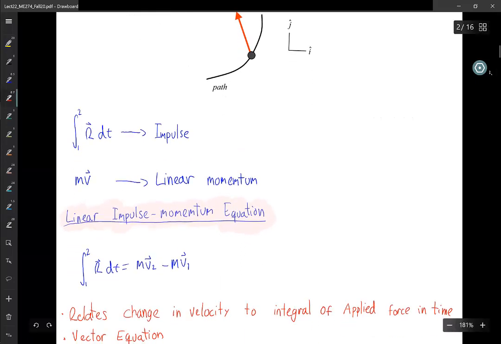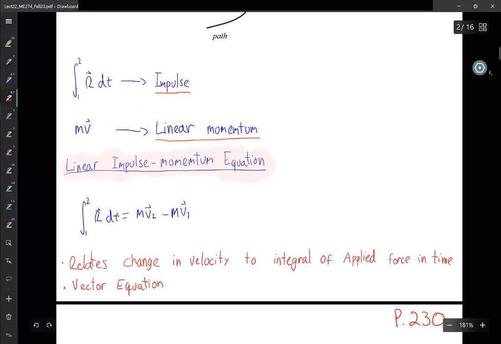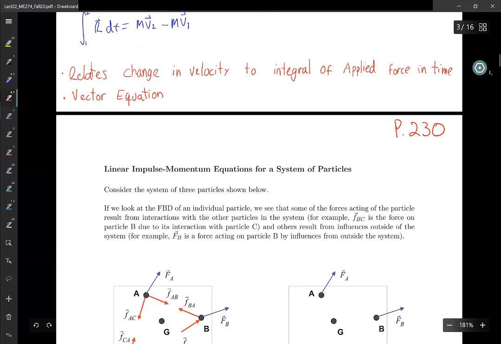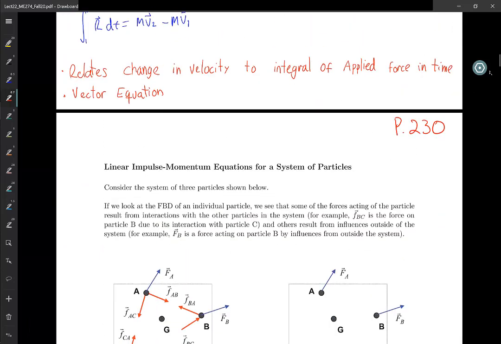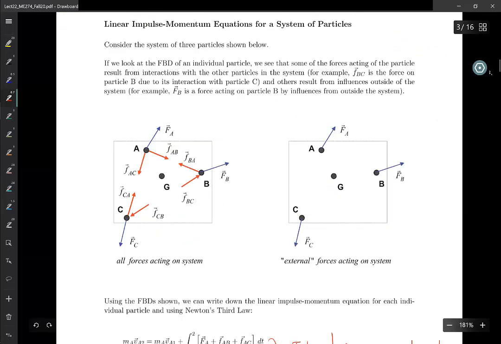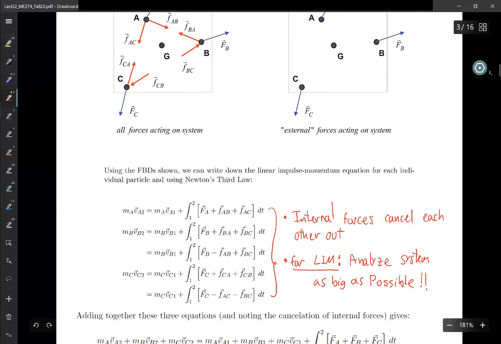We have discussed these two quantities, impulse and linear momentum. Momentum is mass times velocity, and impulse is the integral of force over time. It's a vector equation that relates changes of velocity with the application of a force over time.